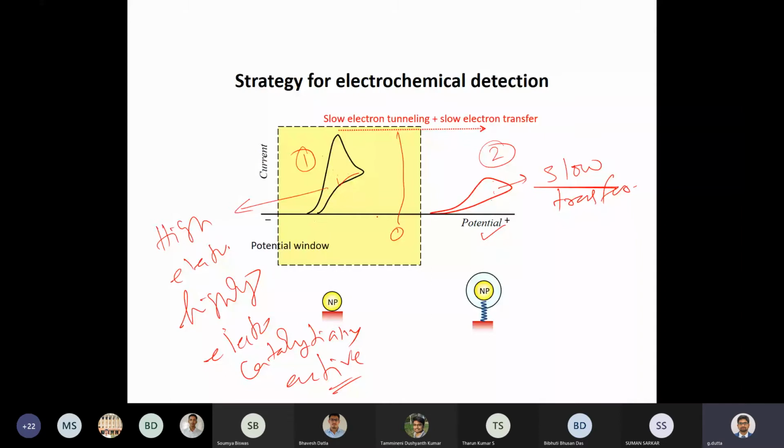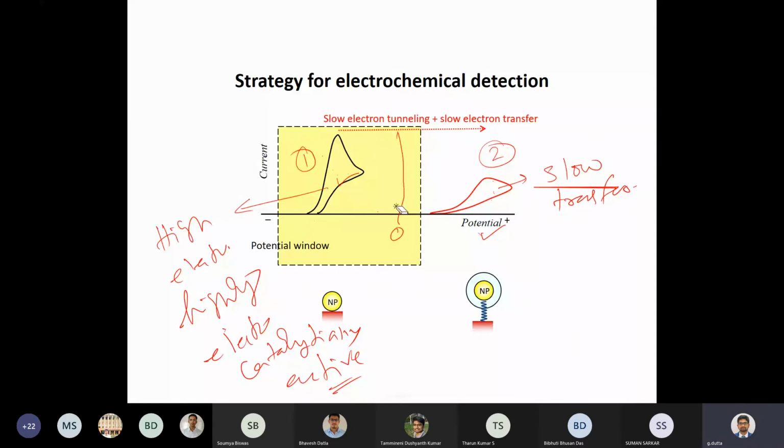Also, it can happen knowingly or unknowingly. Unknowingly means maybe somehow you touched the electrode surface with your bare hand, or some contaminant came from the air, from the environment. They can deposit on the surface or deactivate the surface. That's why you are getting this. Also, you can do it knowingly.